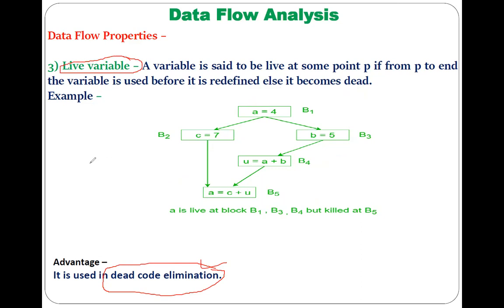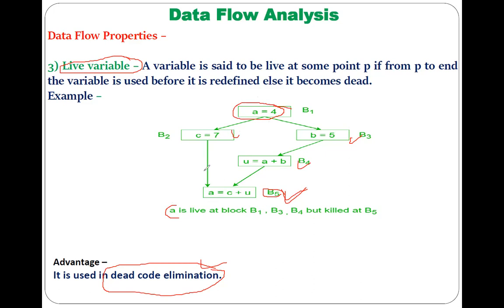You can see here, A is live at the B4, B3, B2, but it gets killed at the B5. Now for the basic block B5, A equal to 4 is nothing but the dead code.